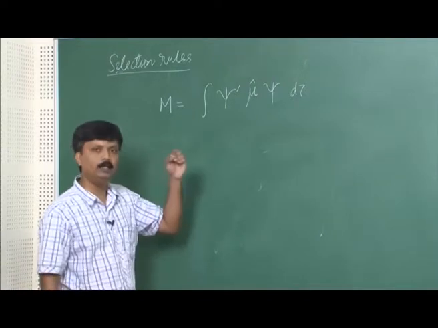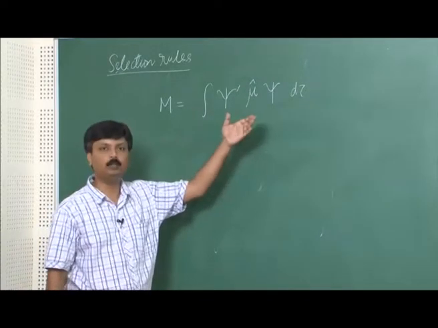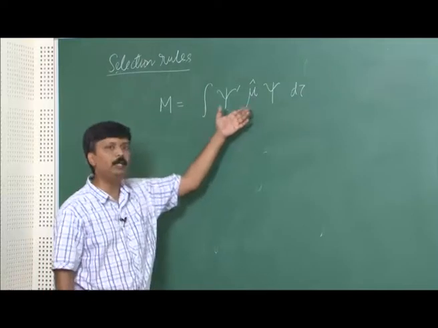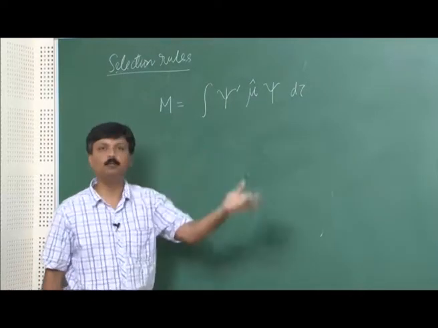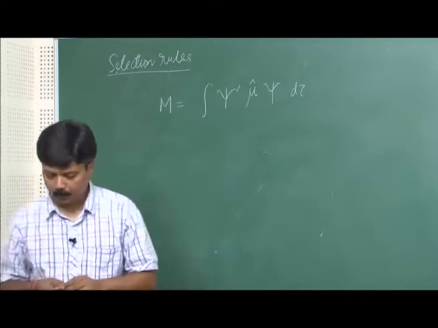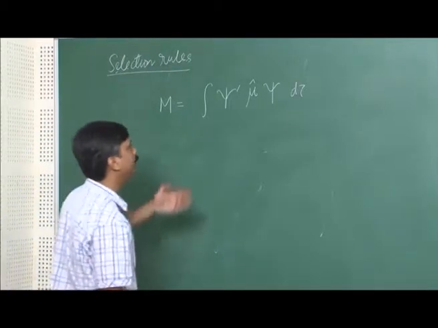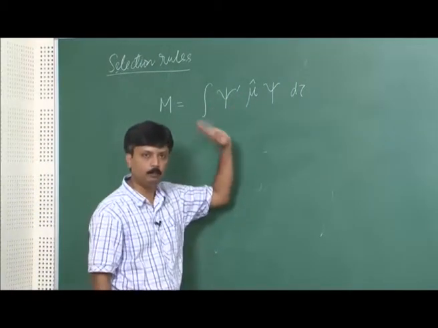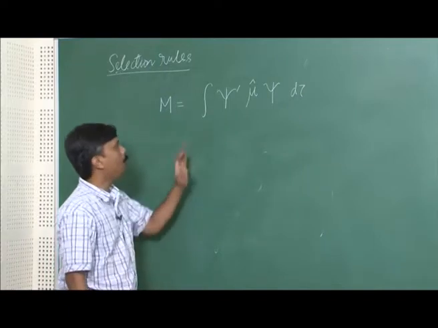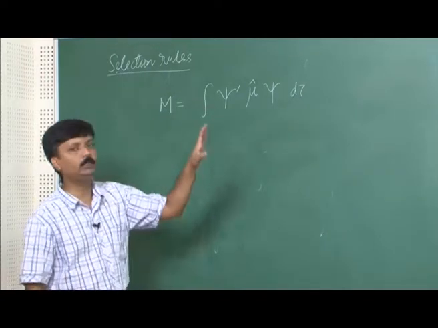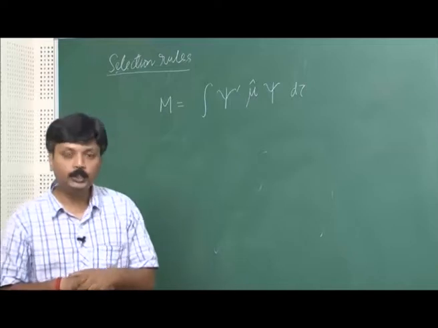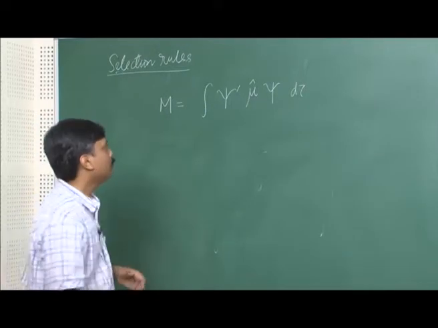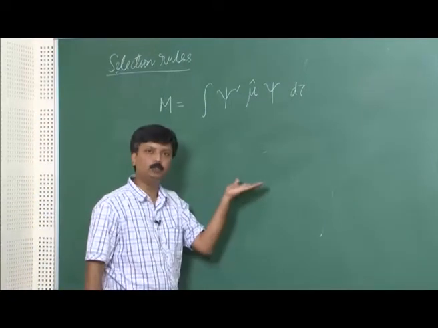And it is true for anything and everything, any transition that we are discussing. Depending on the situation, my operator may be different. In the case of Raman, we have seen that this is a polarizability tensor component. Now, when we talk about the electronic transition, I have the vibrational states also involved, right.